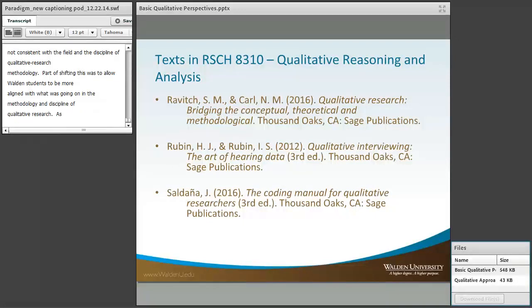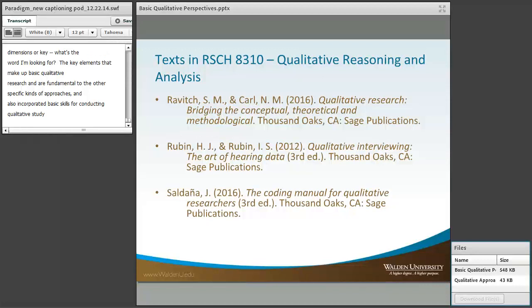As a consequence, we shifted our textbooks to content areas which focused on the key elements that make up basic qualitative research and are also fundamental to these other specific kinds of approaches, and also incorporated basic skills for conducting qualitative studies.